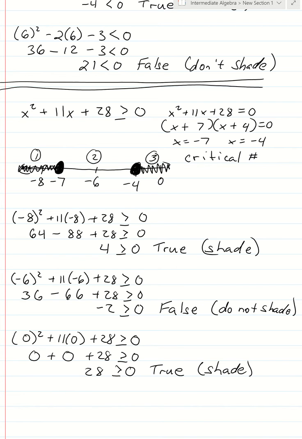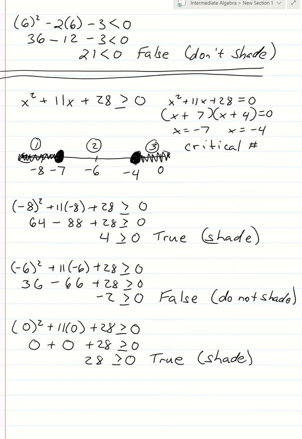Now let's look closely at the number line and see how we could represent our final solution using interval notation. Remember, with interval notation, we're going from negative infinity up to the critical number of negative 7, which we have to include with a bracket, and then we have the critical number negative 4, which we will include, and the solution is going towards positive infinity.